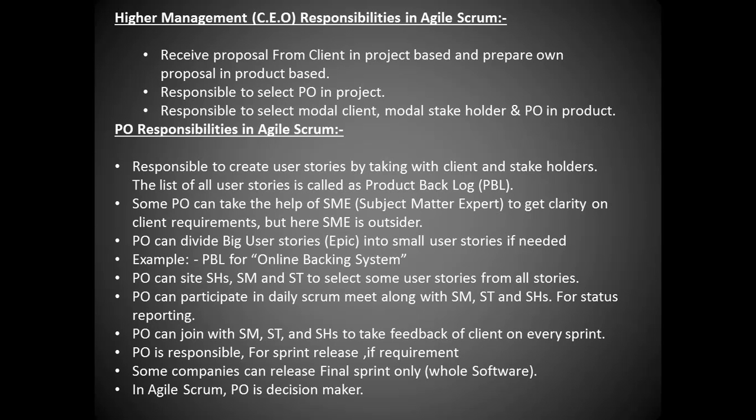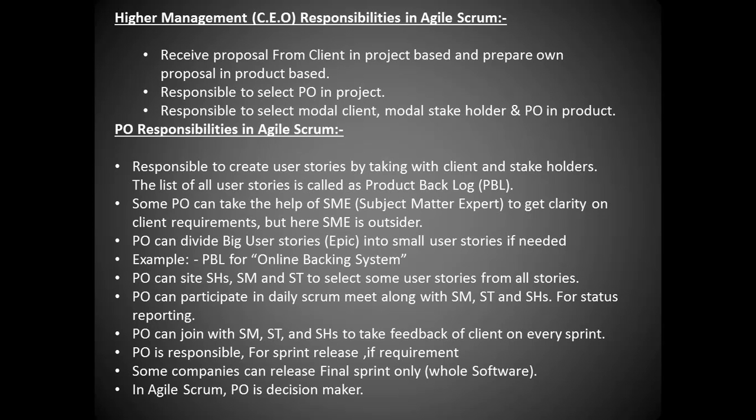The PO can ask stakeholders, the scrum master, and the scrum team to select some user stories from all the user stories. The PO can participate in the daily scrum meeting along with the scrum master, scrum team and the stakeholders for status reporting. The PO can join with the scrum master, scrum team and the stakeholders to take the client's feedback on every sprint.